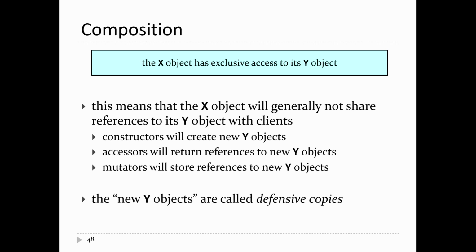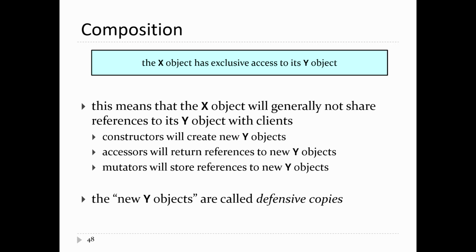In order for X to have exclusive access to that Y, we can never release a reference to that Y. So in our constructors, we're always going to make a new Y object. Any method that returns Y returns a copy of Y. It doesn't return just Y directly.